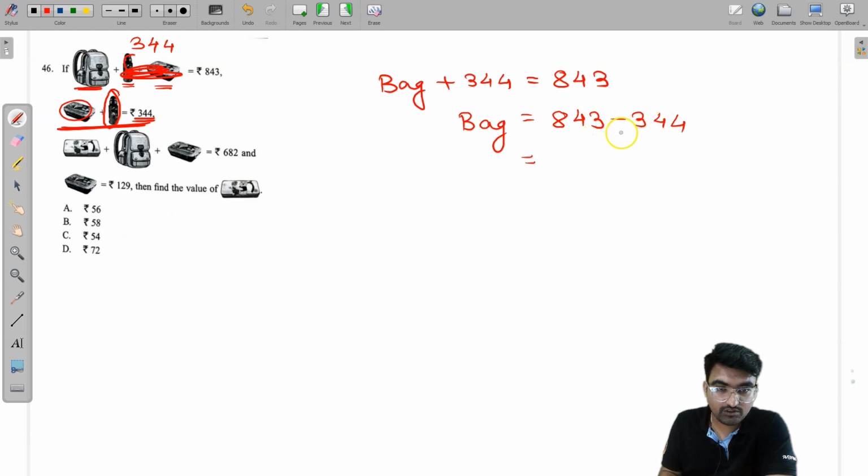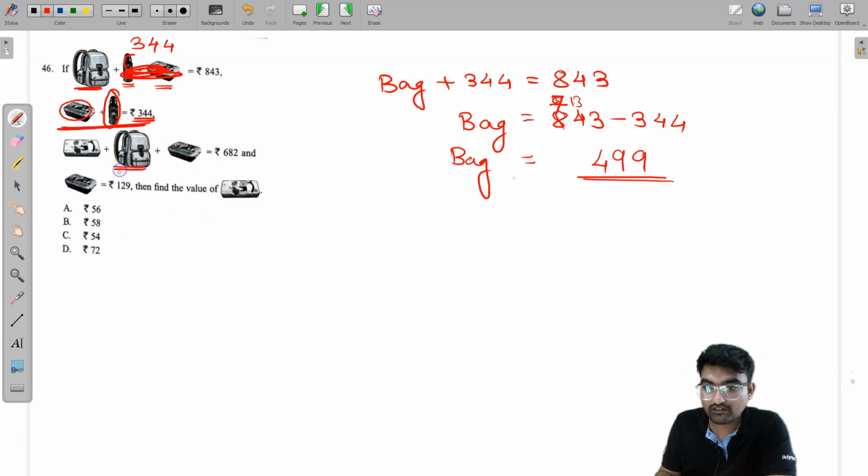After subtraction, what we'll get? 9, this 4 will become 3, this will become 7. So 13 minus 4 is again 9, and 7 minus 3 is 4. So we get 499, right?